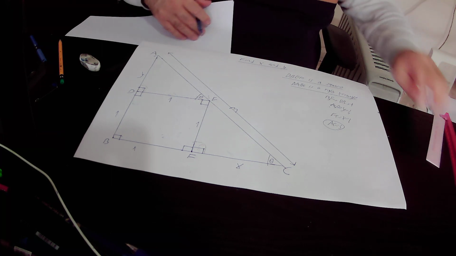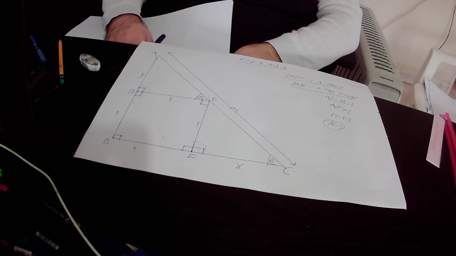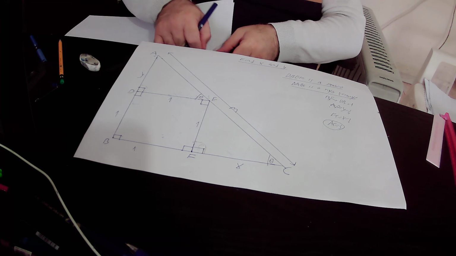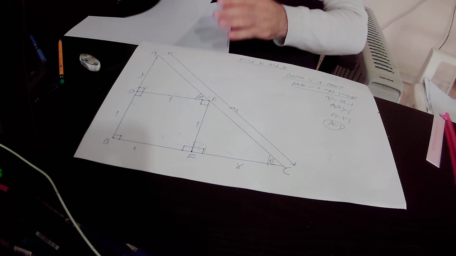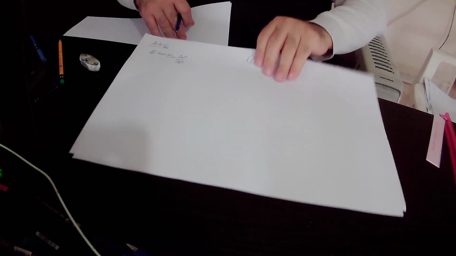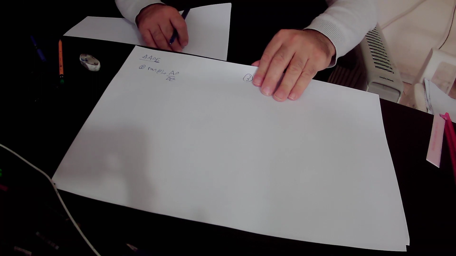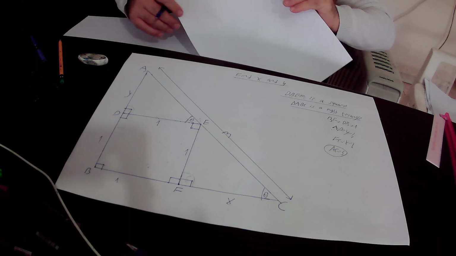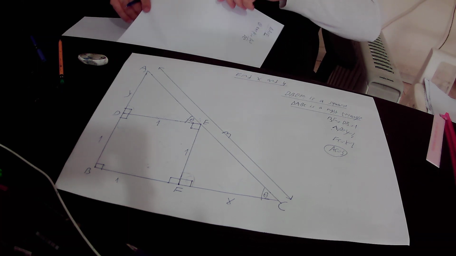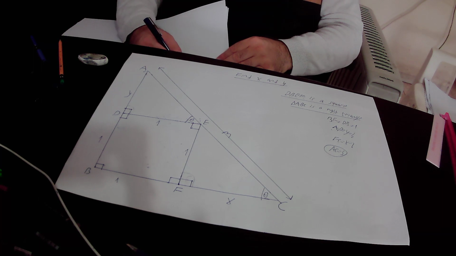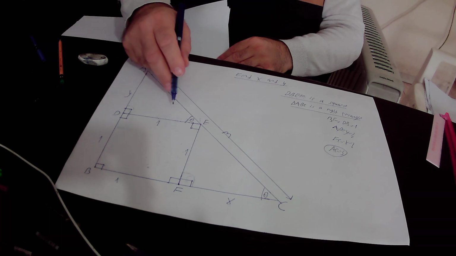I repeat again, in the right triangle, triangle ADE, we know that tangent theta equals AD over DE. But AD equals y, and DE equals 1 unit.